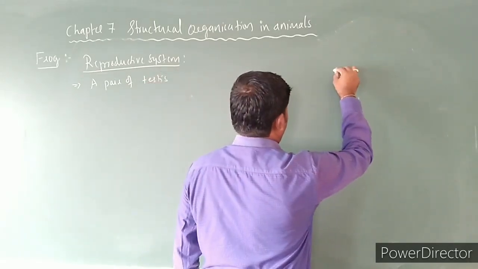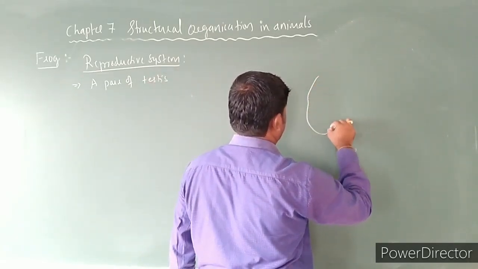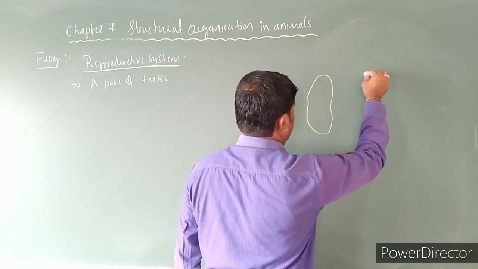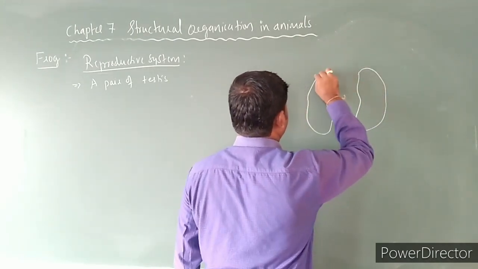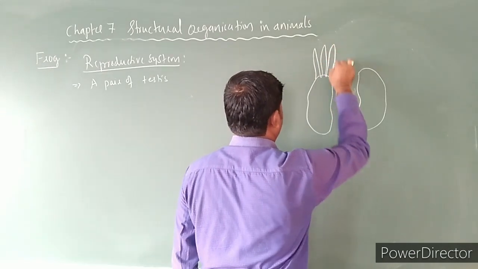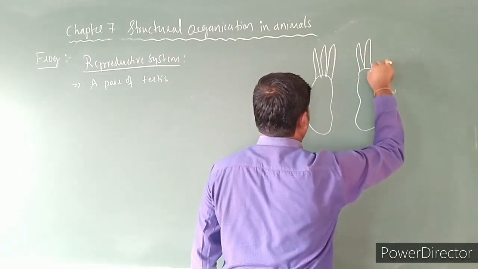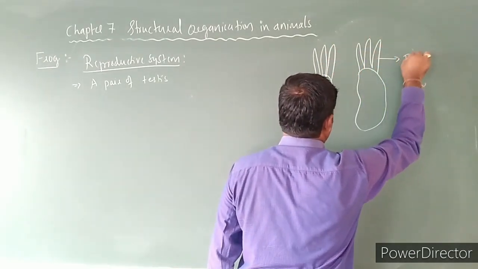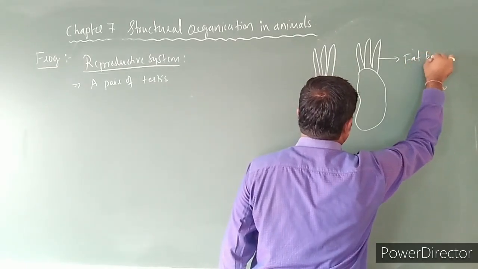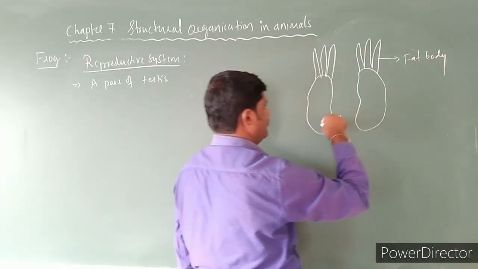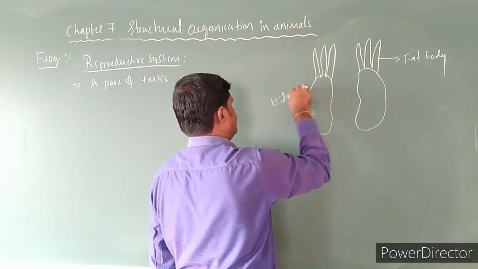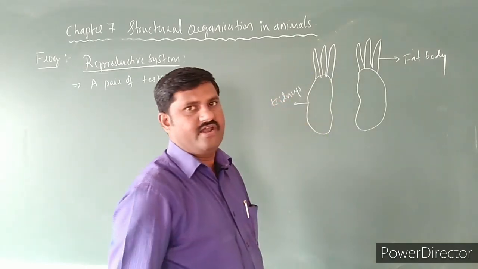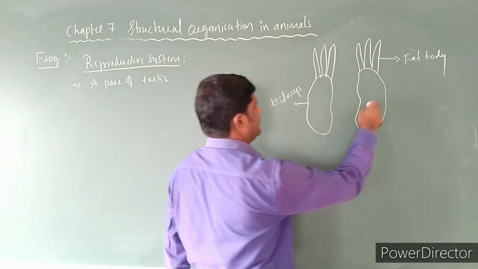See here, a pair of kidneys that we come across in the lower part of the body of this animal, and this is the fat body. What I have drawn here are the kidneys.